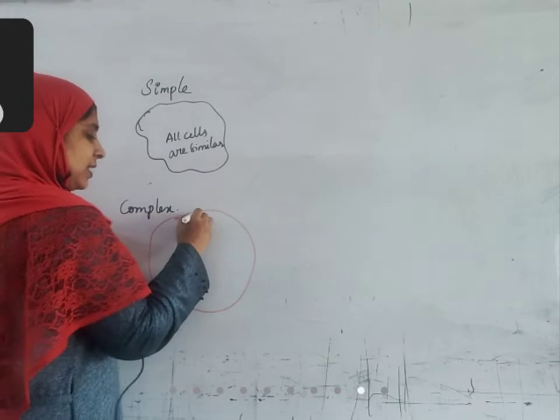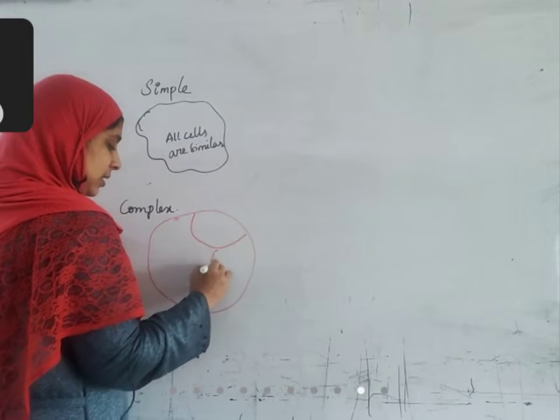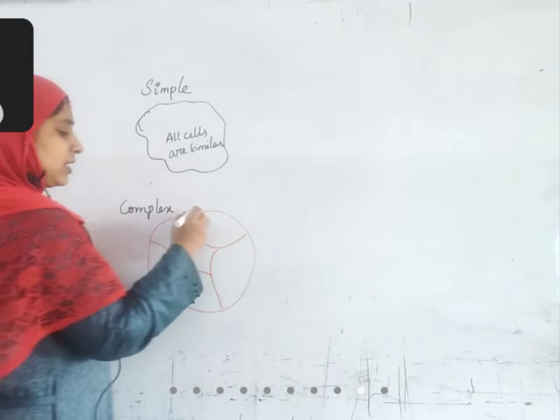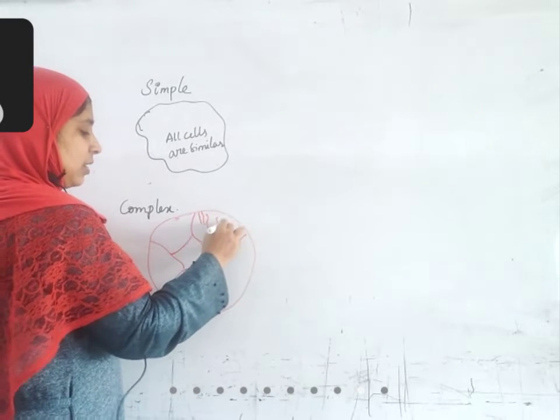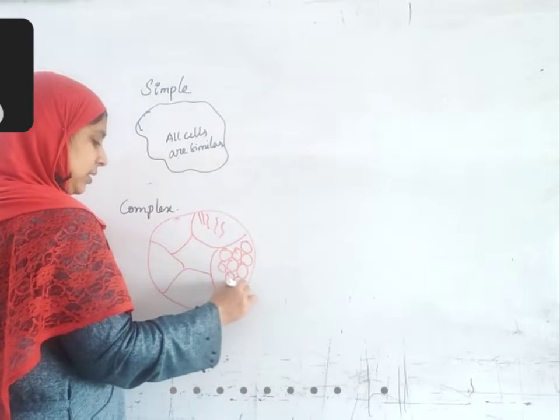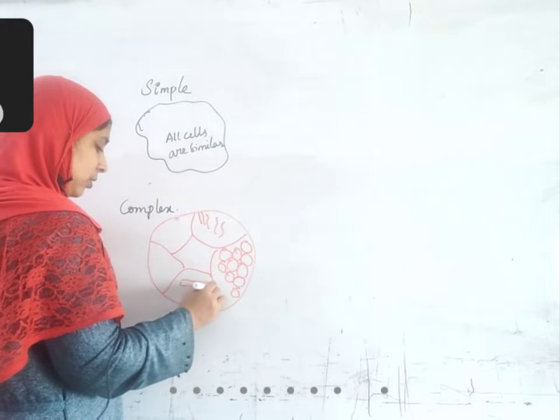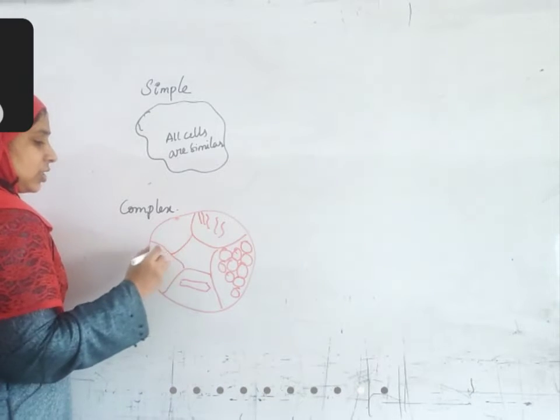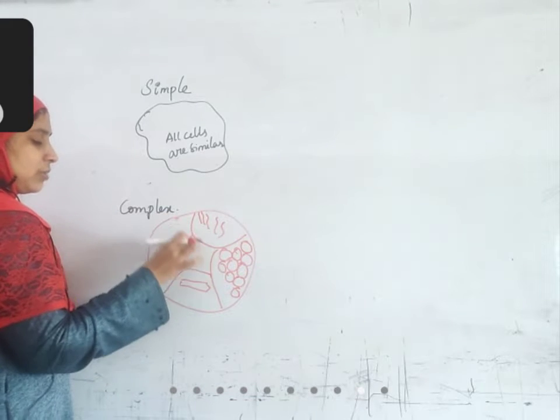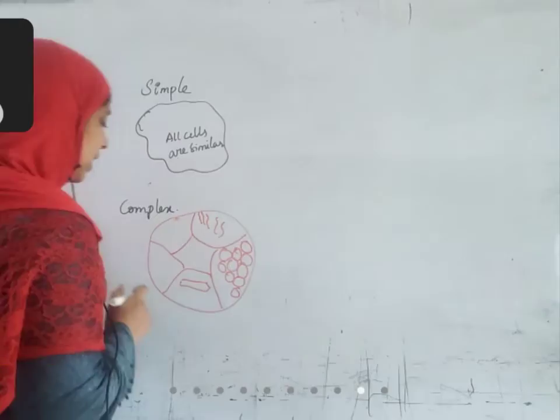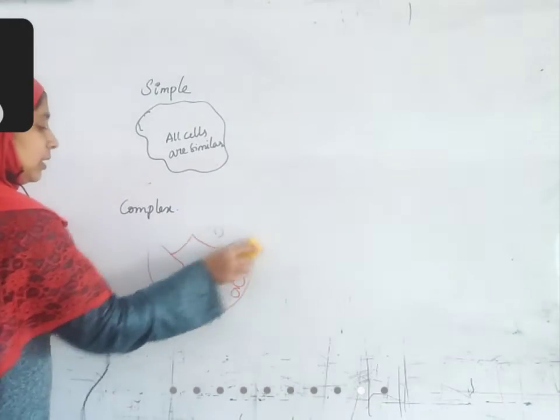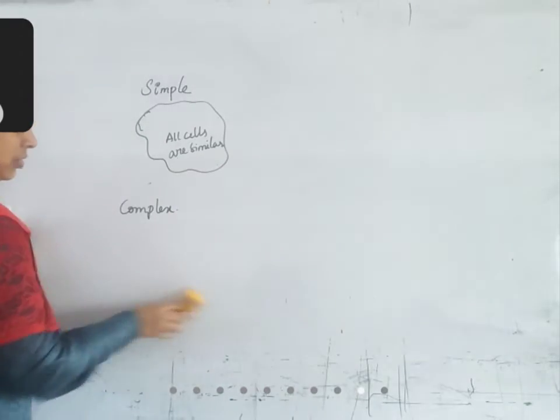It actually has sets of similar cells. If this is a tissue, it has one set of cells which look like fibers, one set of cells which are round, one set of cells which are long, like that. These are all similar within each set. So similar looking cells are present, but there are various components in it.